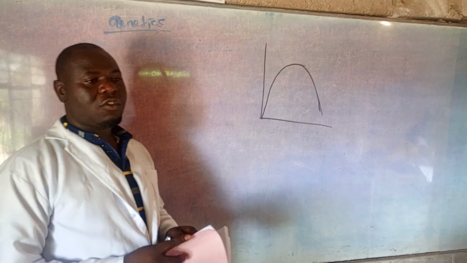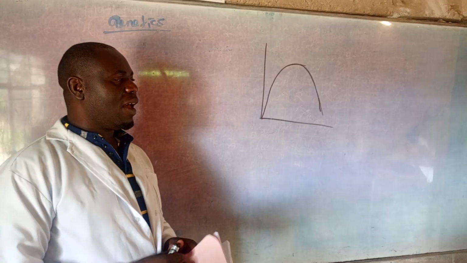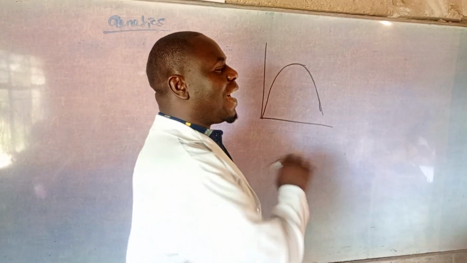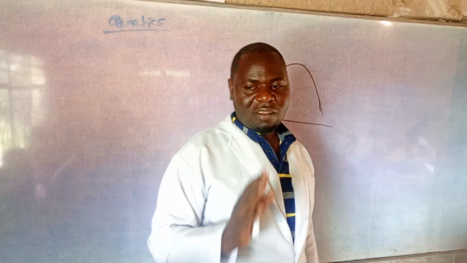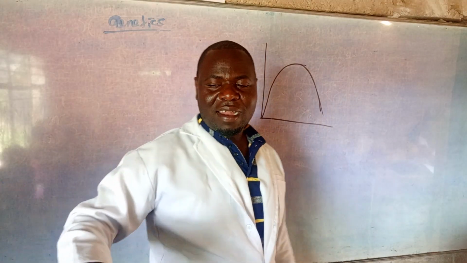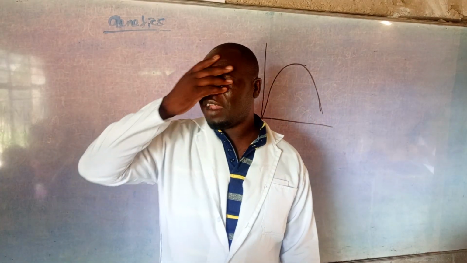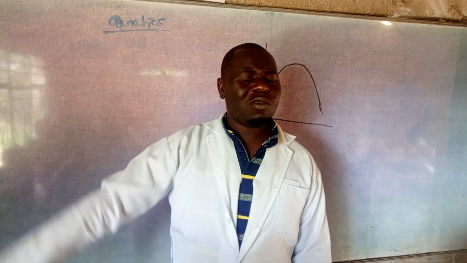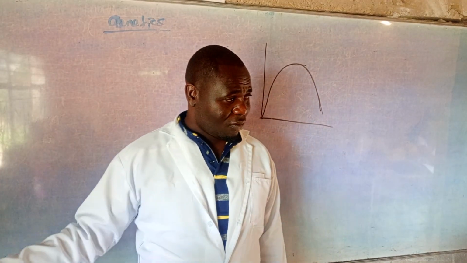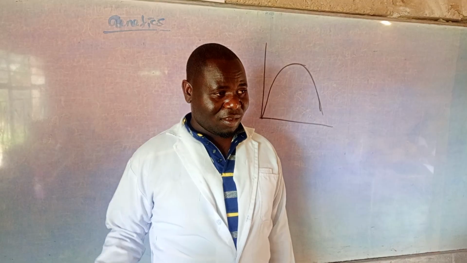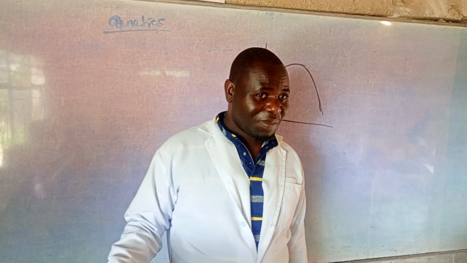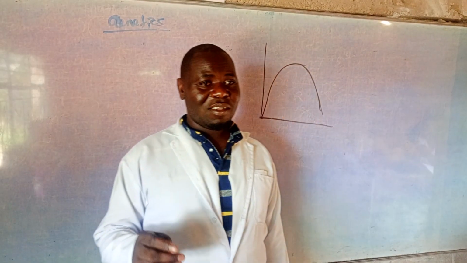Then now we go to discontinuous variation. This is the type of variation where there's a clear-cut difference among the organisms. So we can even tell that this is female, this is male.